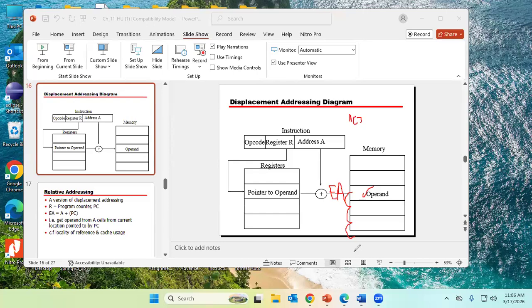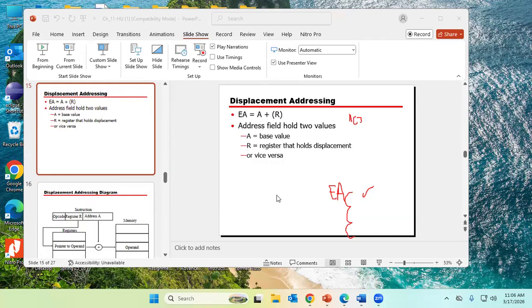So in this case, what is the base address, guys? It is the A, right?